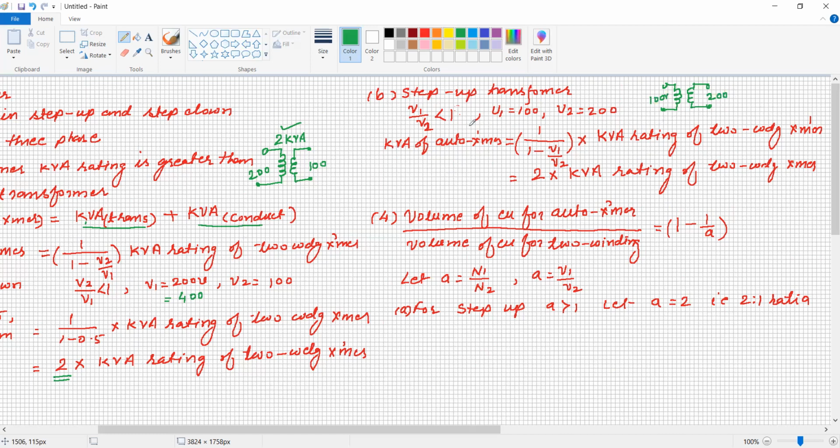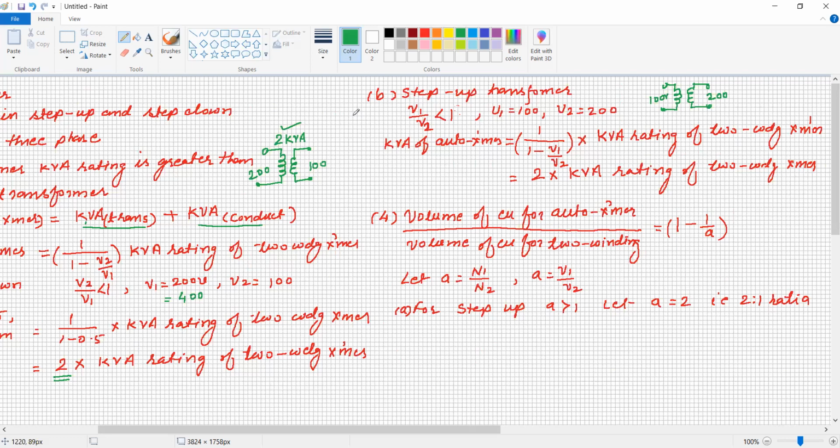Under such condition, again it is two times the kVA rating of the transformer. So simply, the kVA rating of the auto transformer is equal to 1 upon 1 minus V1 upon V2 or V2 upon V1, but it should be in such a way that the factor is greater than 1. This means that the kVA rating of the auto transformer is always greater than the two winding transformer when it is converted from a two winding transformer to an auto transformer.